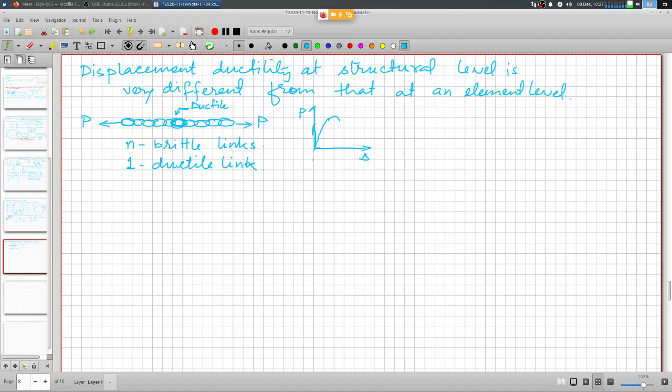For the ductile link, it can be somewhat like this.